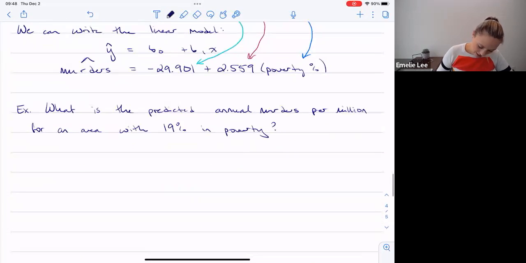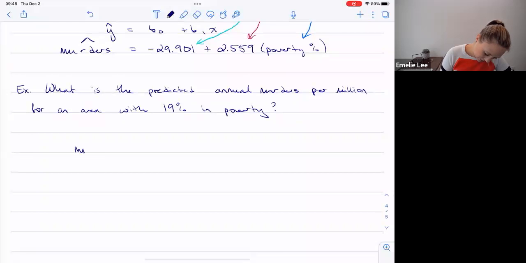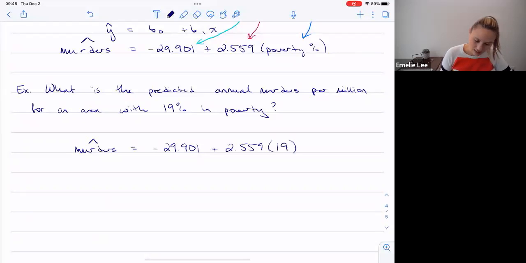So then if I have to predict the murders, I have negative 29.901 plus 2.559 times 19. I can do that calculation. Make sure you follow order of operations: 2.559 times 19, and then add the intercept, which is actually subtracting in this case.